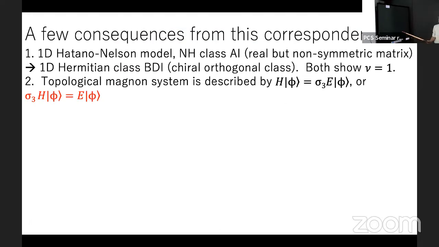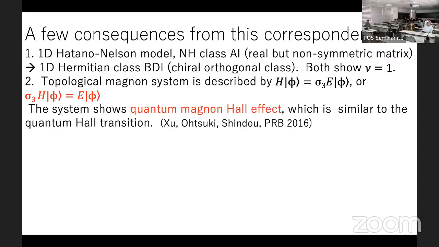So where was I? Sigma 3 and H do not commute, and this becomes a non-Hermitian system. In 2016, I and a Beijing University group analyzed this system and showed that the quantum magnon-Hall effect seems to be the same as the quantum Hall transition.